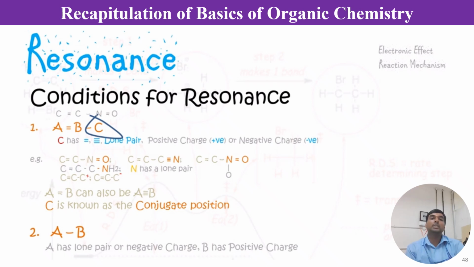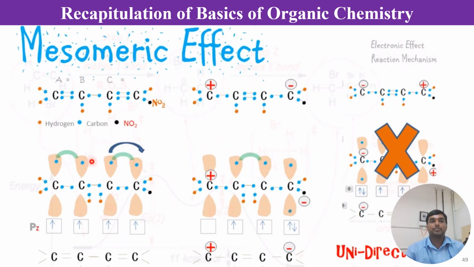Now, the conditions for resonance: first of all, it has to be a conjugated system. Another is that a functional group has to be there, which should have either a lone pair, a negative charge, or a positive charge. That is similar to the mesomeric effect.